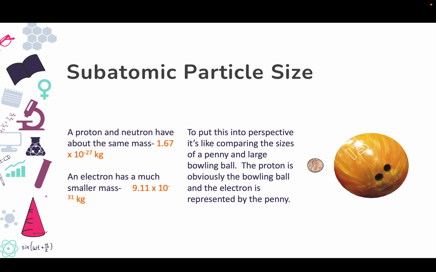So if you want to put it into perspective, the figure on your right is the comparison of the size of the electron versus the size of your proton. But then again, this is just for comparison of sizes, not intended to be exact, but we know from this figure that the electron is really much smaller than your proton.